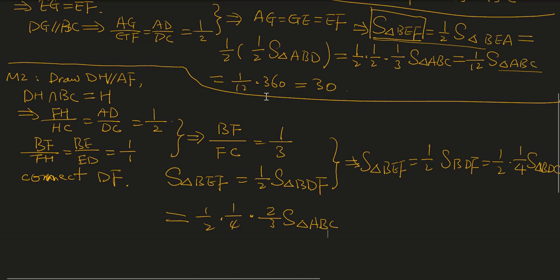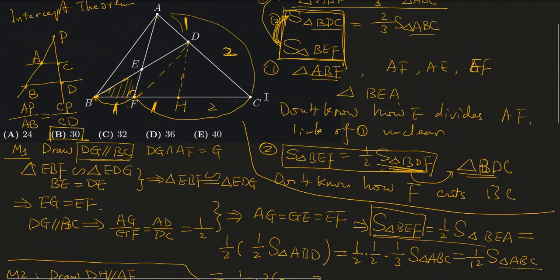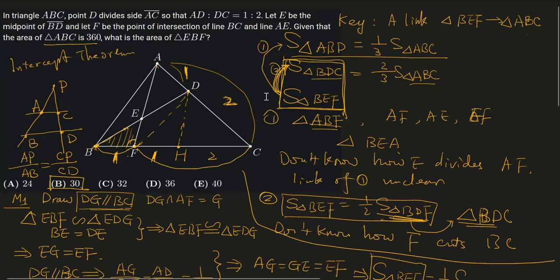This is because, let's look at the top. From the top, we have this relationship, right? The area of triangle BDC equals 2/3 of the area of triangle ABC, and it is because they are using the bases AC and DC, and they are sharing the same height from point B to line AC.